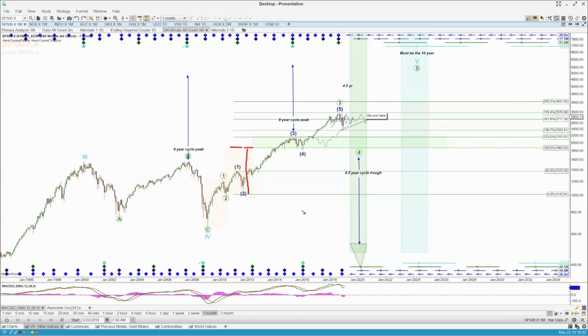And if we are in a directional move as opposed to a corrective move, the first thing one would look for is for price to break out from the top of this box. And that's what we saw here. So that makes this level at 1862 a fairly important level.